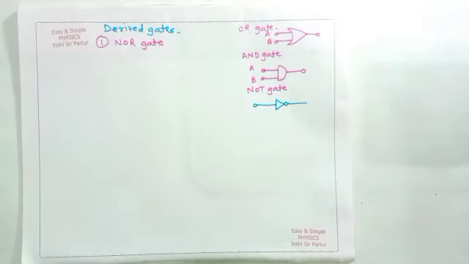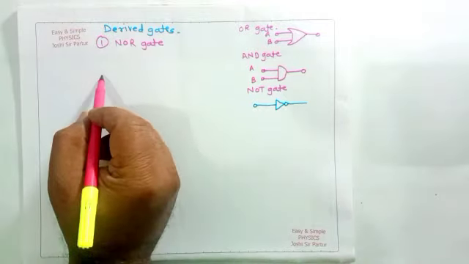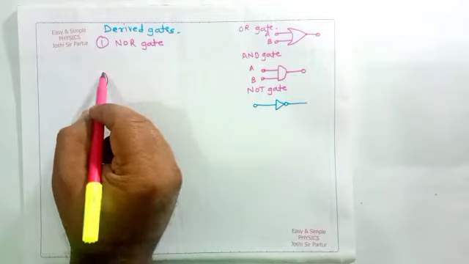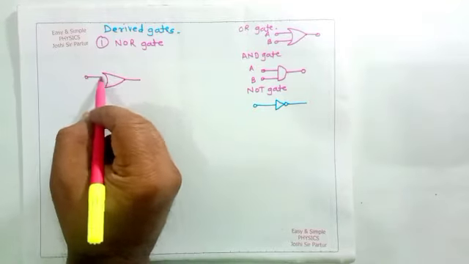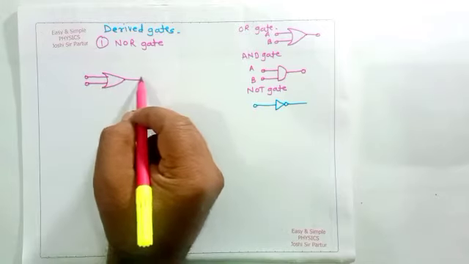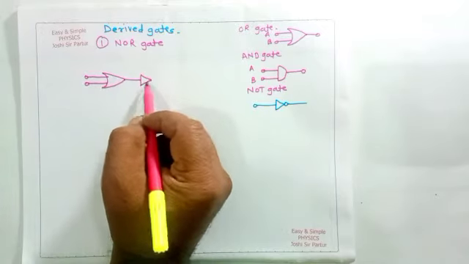So what is meant by NOR gate? The NOR gate is a combination of OR gate and NOT gate. See here, the combination of an OR gate like this and a NOT gate.